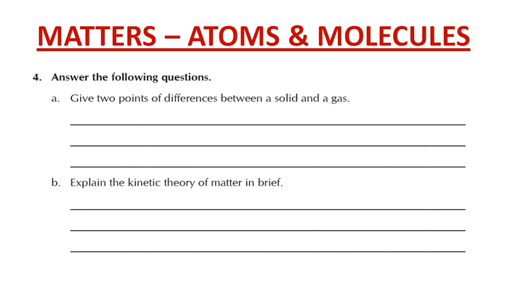Kinetic theory. Explain the kinetic theory of matter in brief. Yes, it's very important. So as we said that matter is composed of very small particles, tiny particles, smallest indivisible particles which are called atoms, and more number of atoms will constitute molecules.